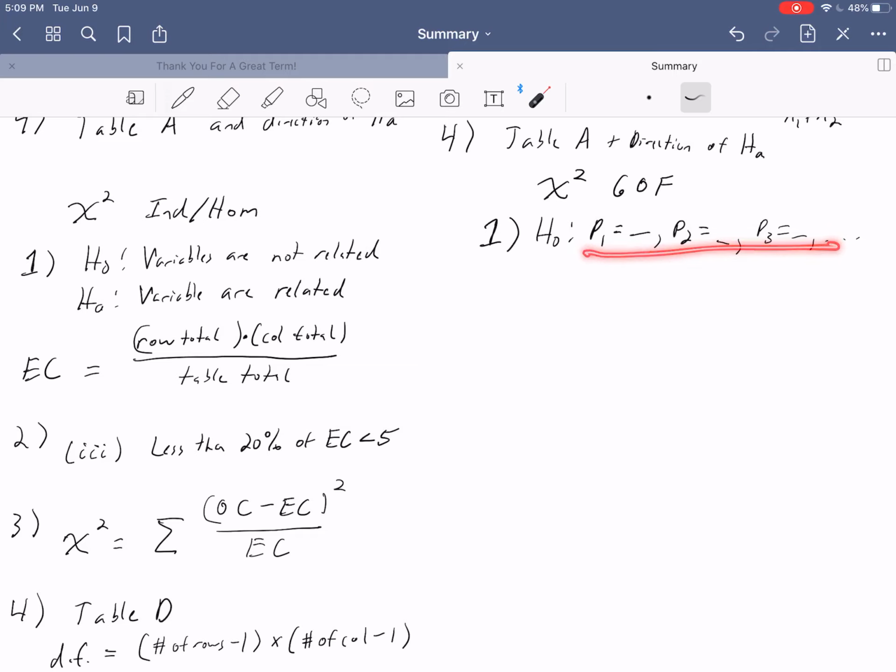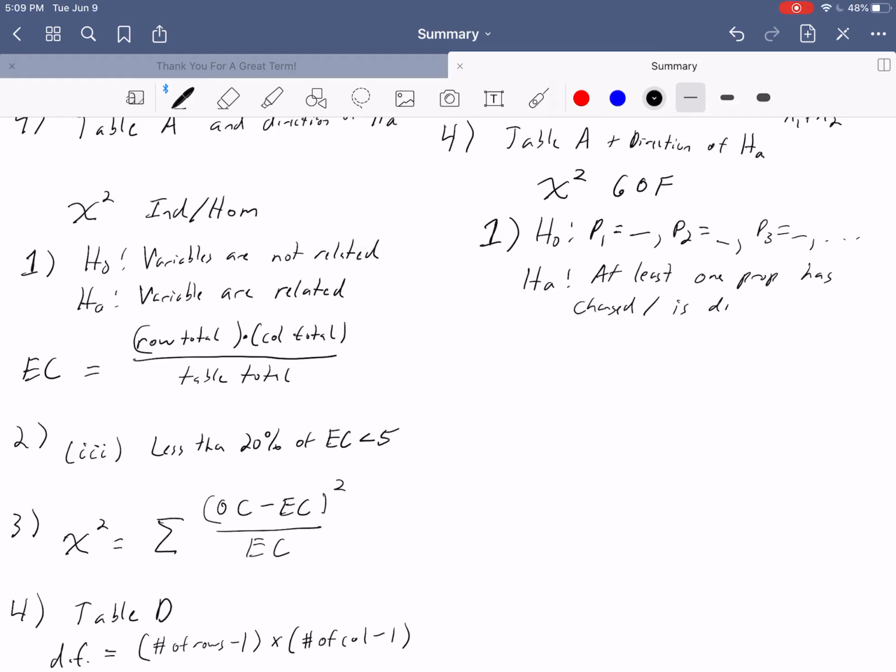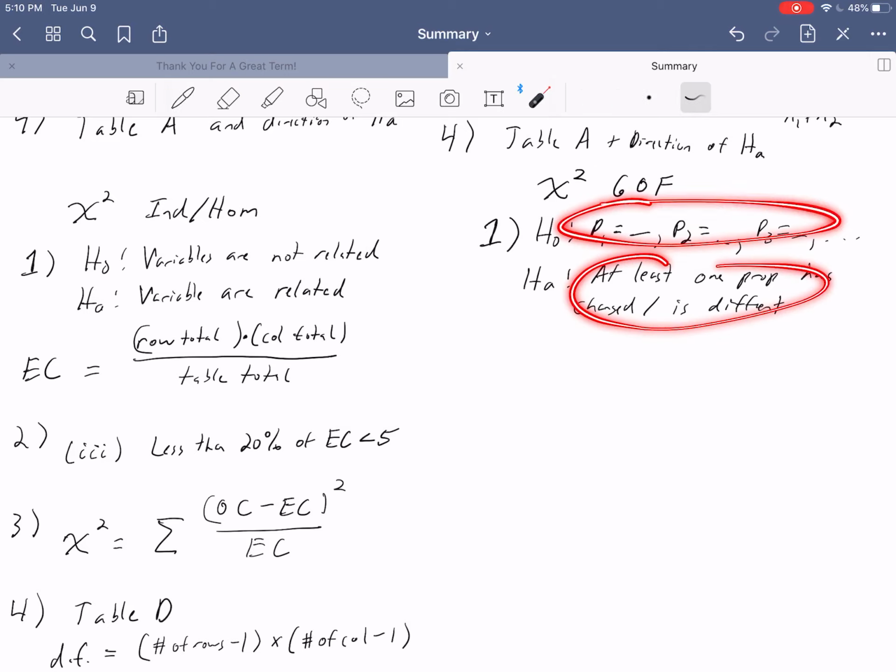So there's going to be at least 3 things here, maybe more. The alternate is going to remain global, so it's going to say at least one proportion has changed or is different than we originally thought in that null hypothesis.